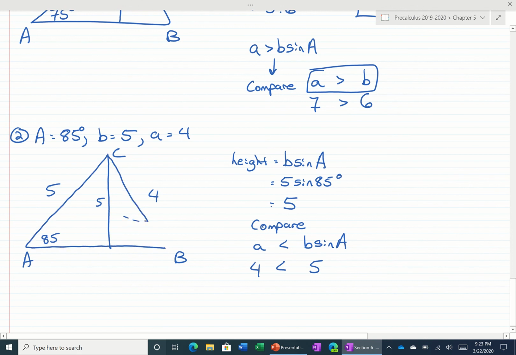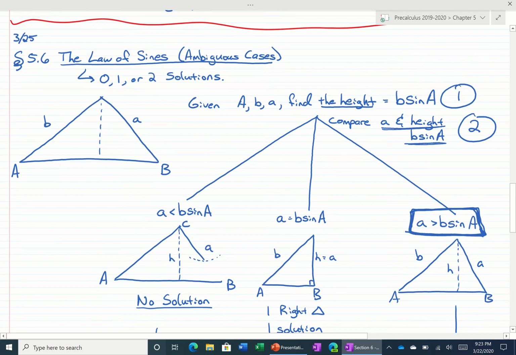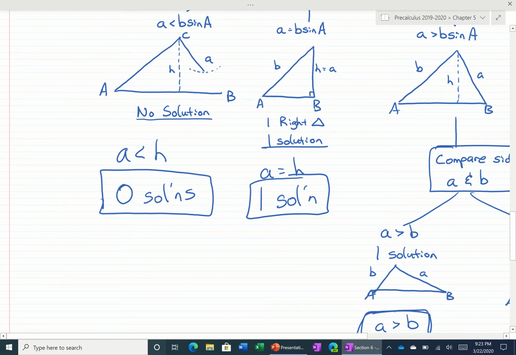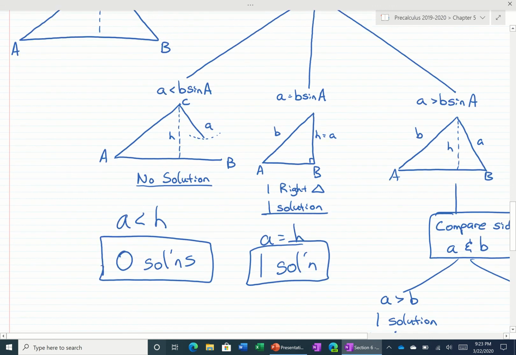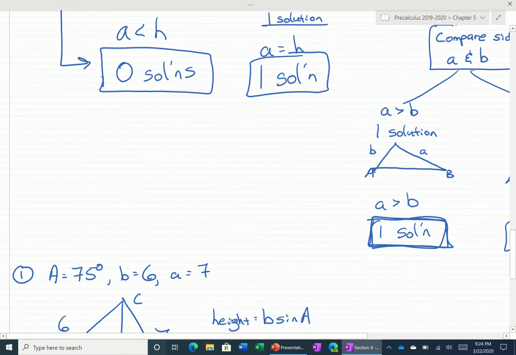It doesn't quite touch. So let's look at our options and what happens when side A is smaller than B sine A. Well, if side A is less than B times the sine of A, then we have a triangle that doesn't quite touch, and there are no solutions.